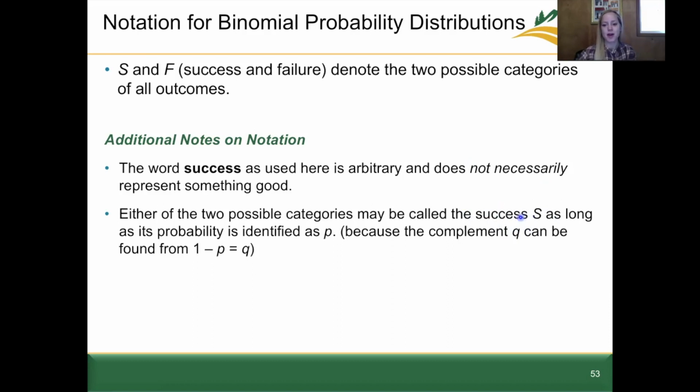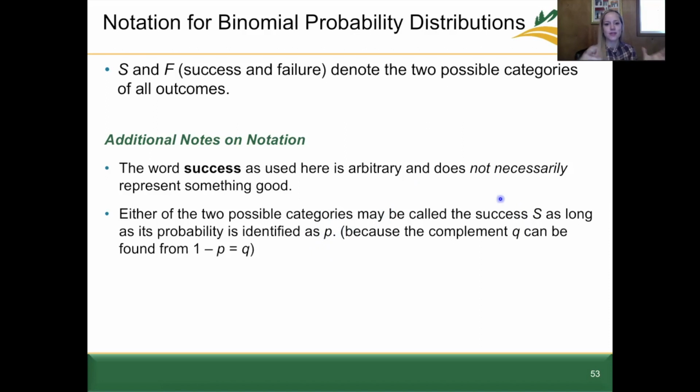Depending on how we set up the problem, a success can also be getting the number of heads that we're looking for. So as long as we're clear on denoting notation as S for successes, then success is correlated with lowercase p. Then depending on what we actually calculate the probability for, we'll get a value for p, the probability of success.